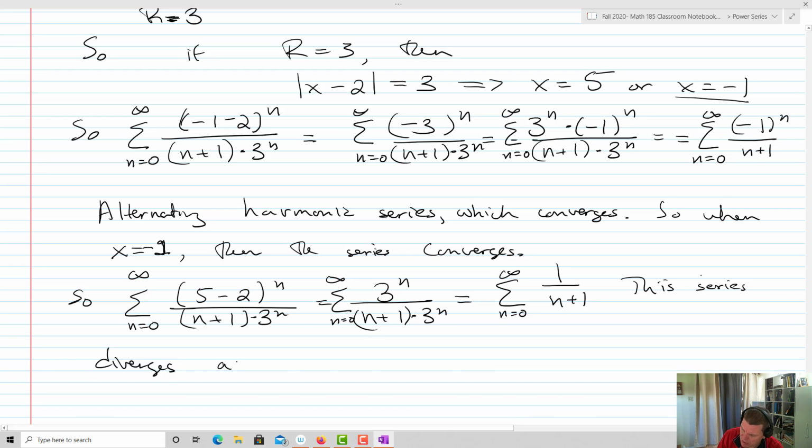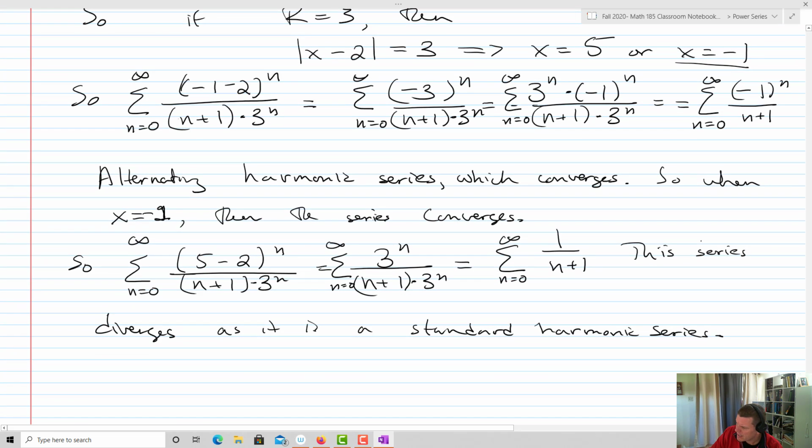So this series diverges as it is a standard harmonic series. So what that means is that when we write our interval of convergence, our radius of convergence R equals 3, and our interval is going to end up being negative 1 to 5, but we're not going to include 5.